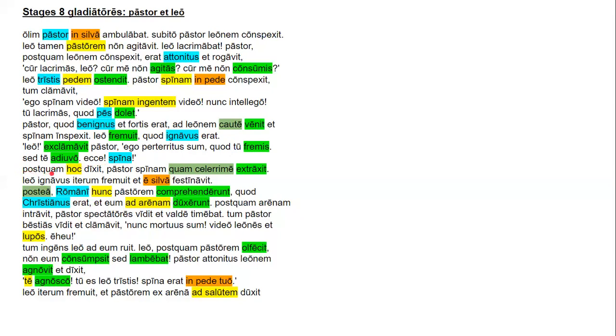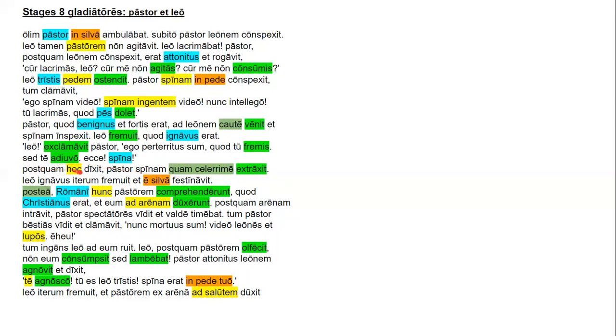Next sentence: "Postquam hoc dixit, pastor spinam quam clarime extraxit." So, postquam, we see this word again. It means "after." It's a subordinating conjunction. Its natural form is an adverb, but it's letting you know that this whole clause, postquam up to dixit, is a temporal adverbial clause, and that the main clause is between pastor and extraxit.